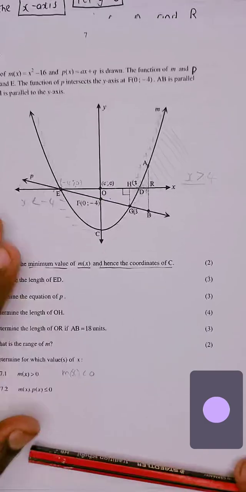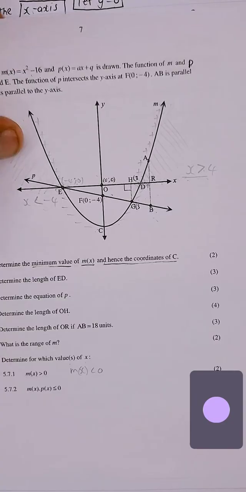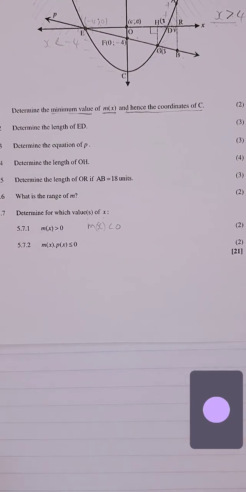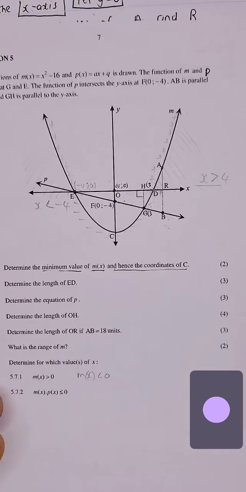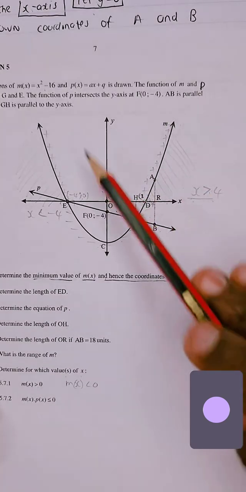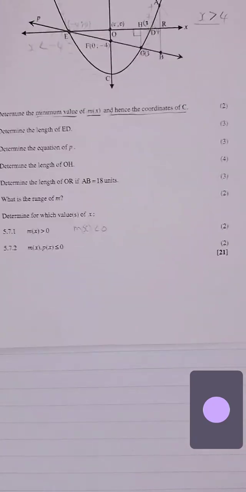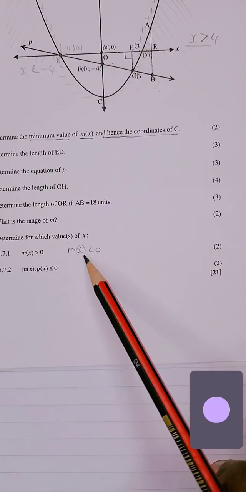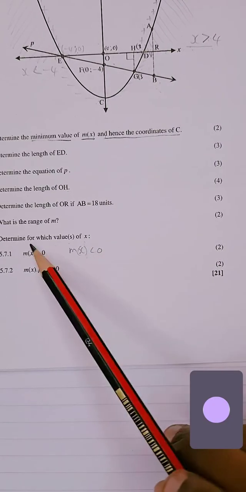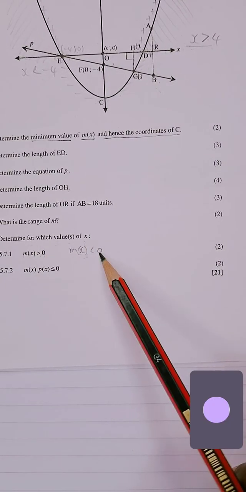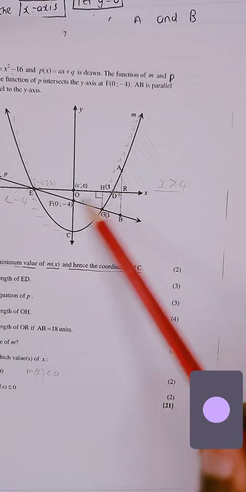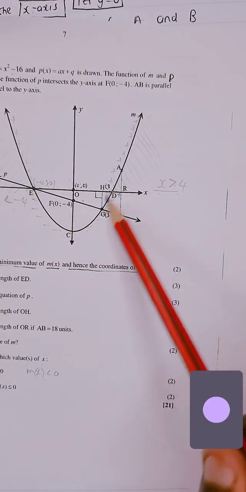Okay, and then as I conclude the last question, because it was predominantly parabola and straight line that people mentioned, that's why I decided to do a combined parabola and straight line. Because I thought to myself, at least we'll be able to kill a lot of birds with one stone. If you look at this one, if they had asked for which values of x is m of x less than 0, then this time round we would have been interested as to, for this function, where is y negative?